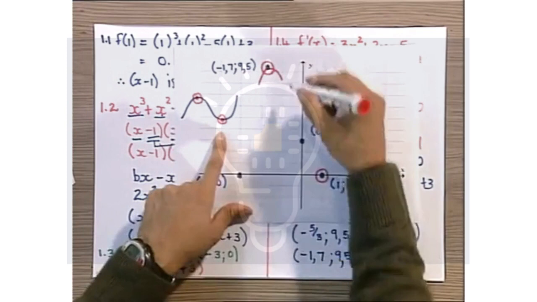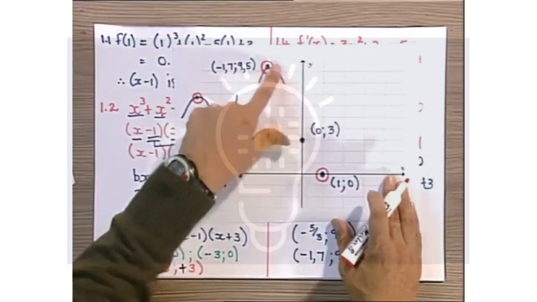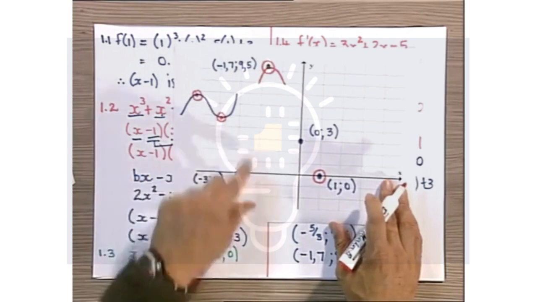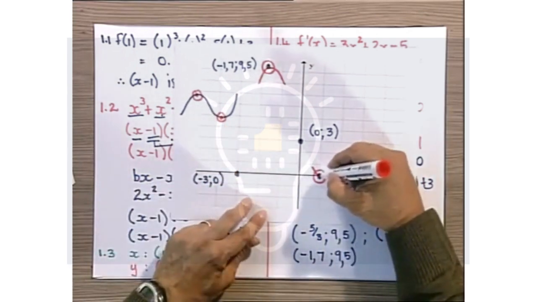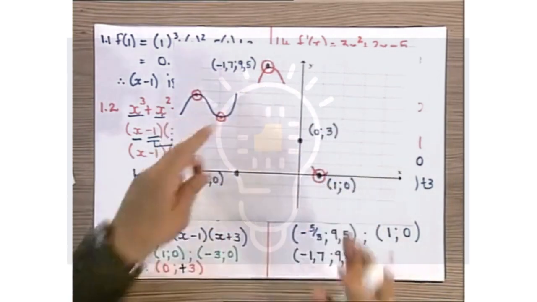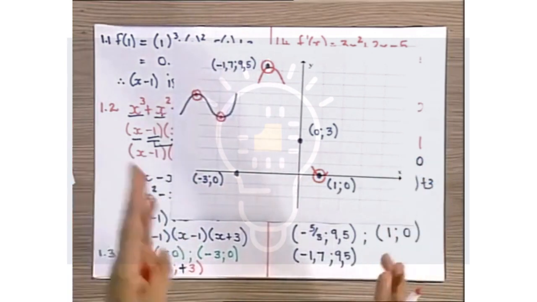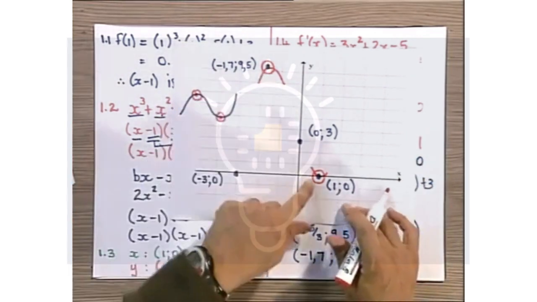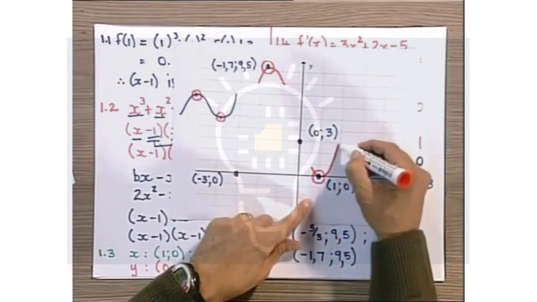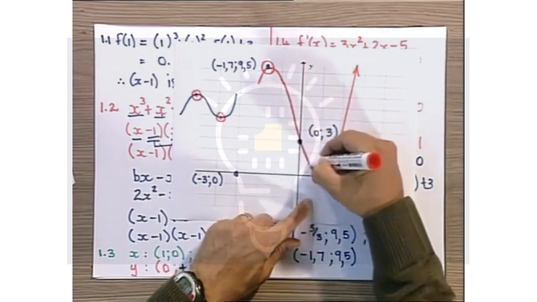Do you see what I'm getting at, grade 12? It turns like that, so that must also turn like that. And the one on this side, we know it turns like that. So that is just to give you an idea. Once you plot your points, circle your turning points so that you can see, okay, I know it must turn there and I know it must turn there. So what I do from there, I just now join all of them, right?